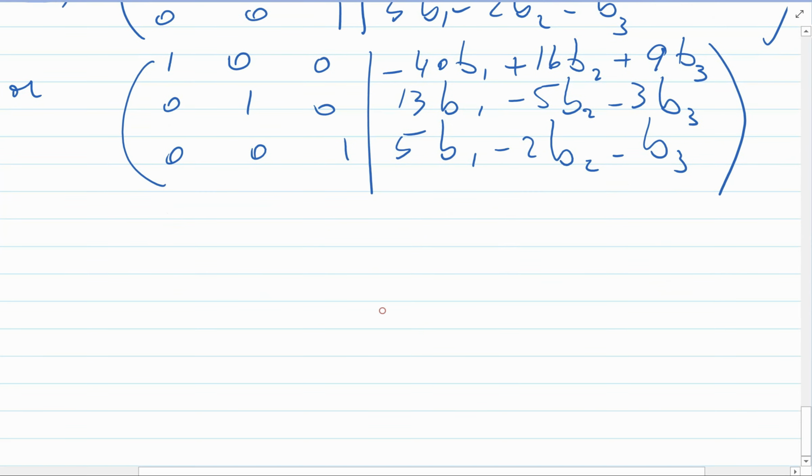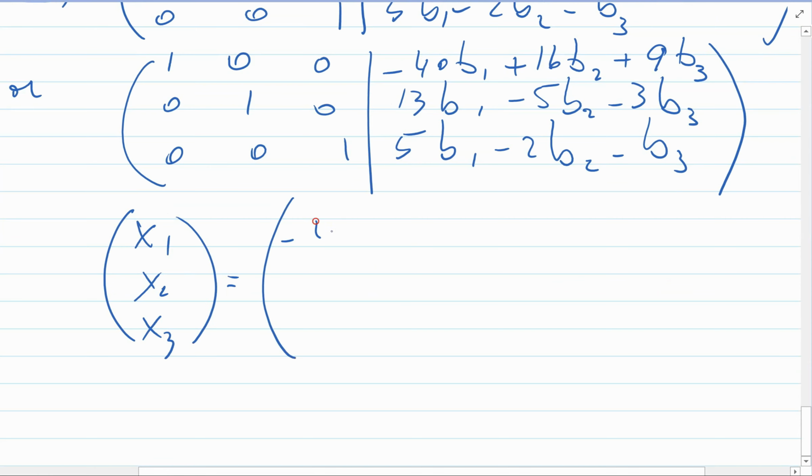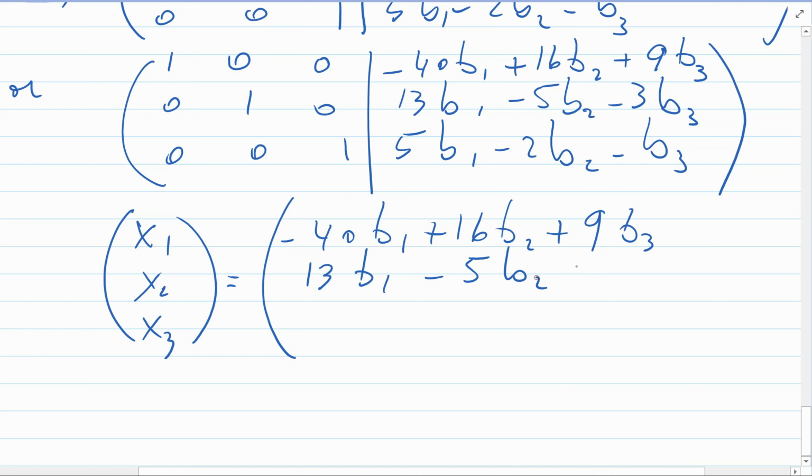Okay, so the solution x1, x2, x3 is given by minus 40b1 plus 16b2 plus 9b3, 13b1 minus 5b2 minus 3b3, 5b1 minus 2b2 minus b3.